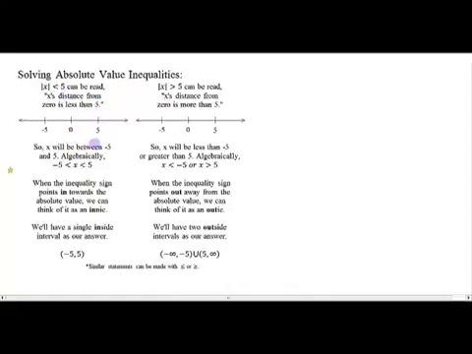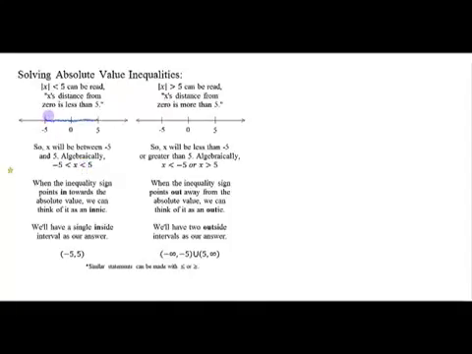So think on the number line, what numbers would be less than 5 away from 0? These numbers would certainly be less than 5 away from 0. Also, we have these numbers. These numbers are also less than 5 units away from 0 on the number line.